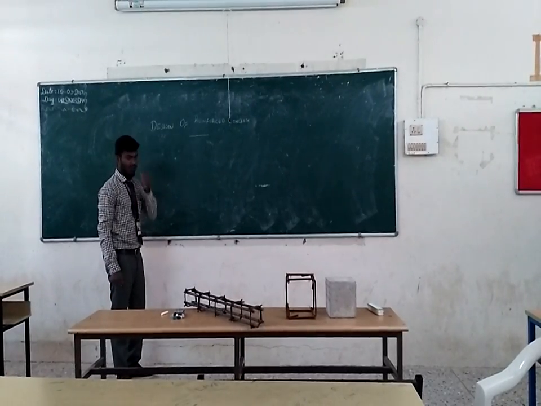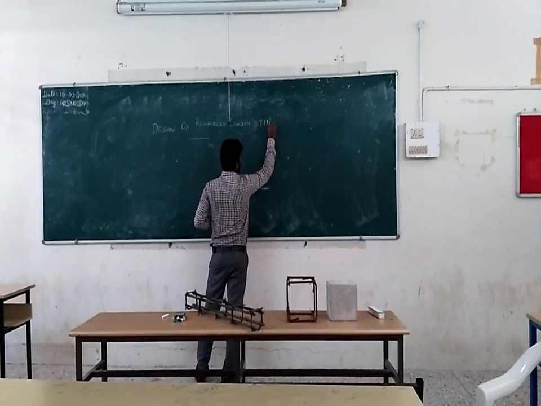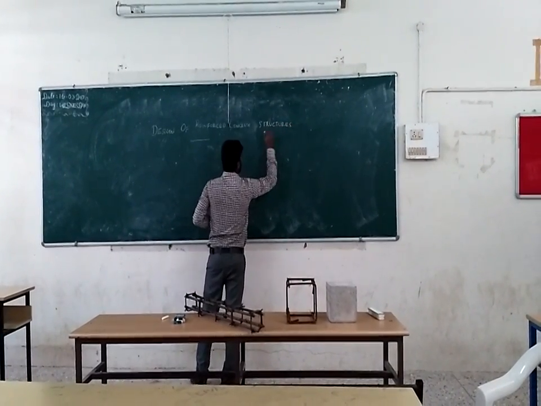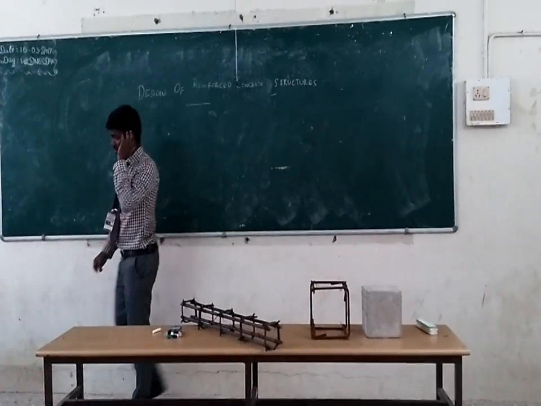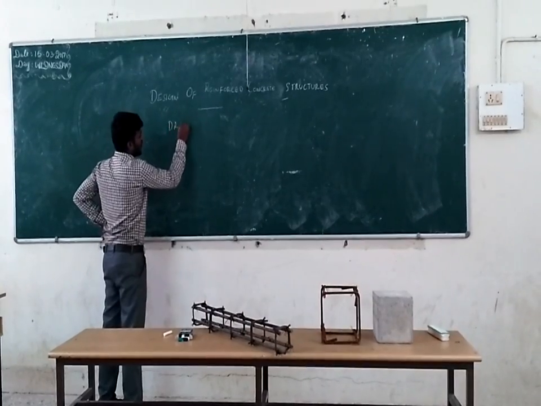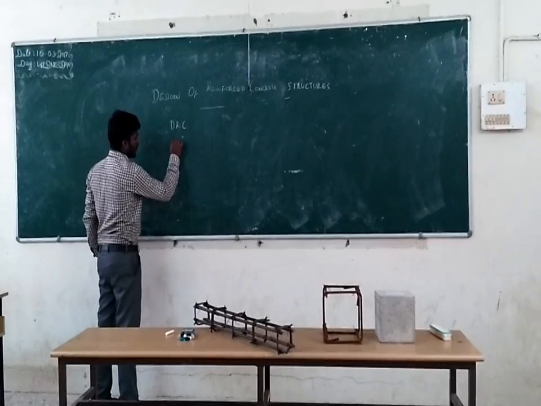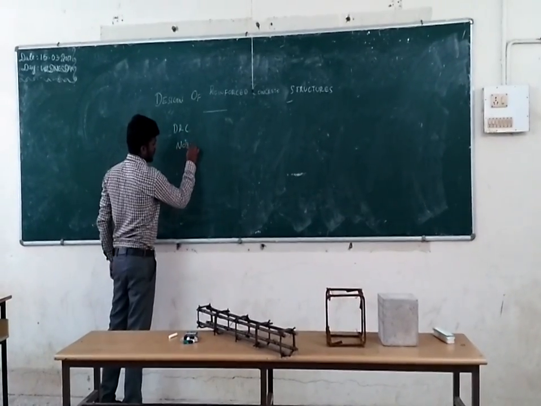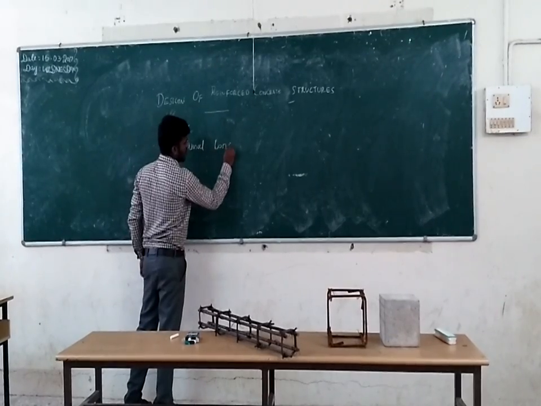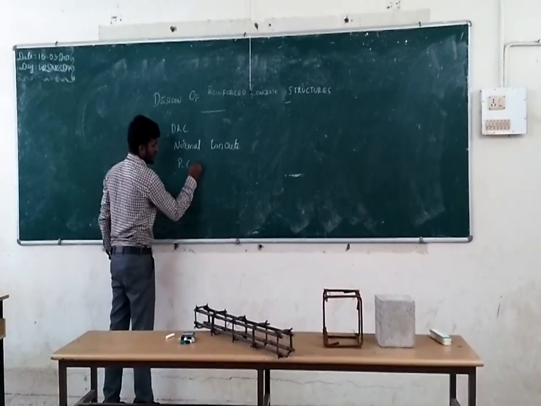See, design of reinforced concrete structures. We simply call it as DRC. What is the difference between normal concrete and RCC?